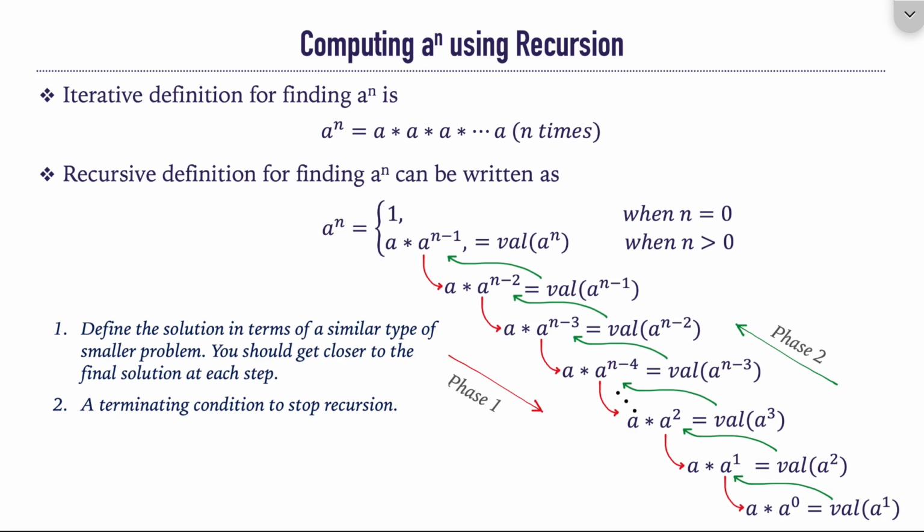And the second thing is there should be a terminating condition to stop recursion, otherwise the recursion goes into an infinite loop and you will never get the desired value. In this case, the terminating condition is the base condition, which is n is equal to 0, it returns 1, and the recurrence case is when n is greater than 0.